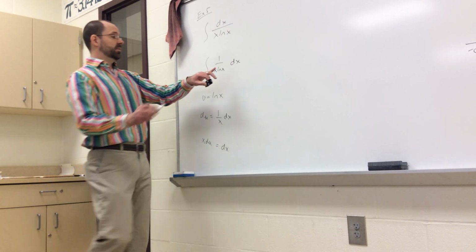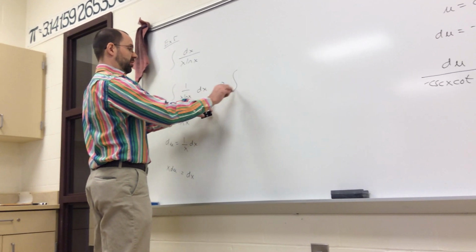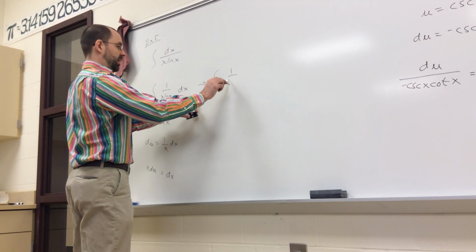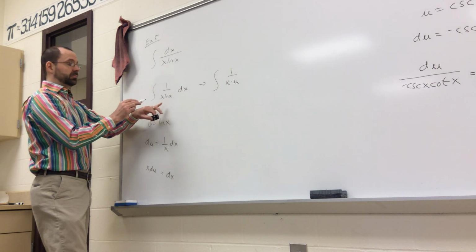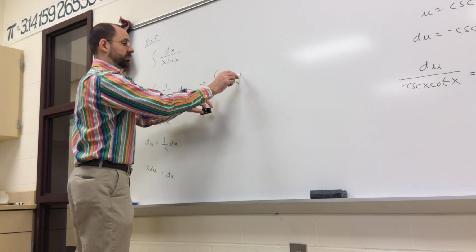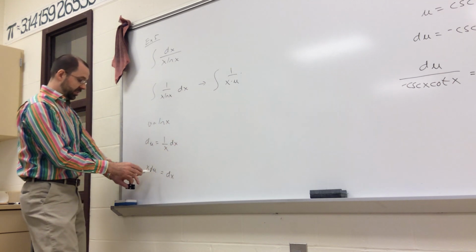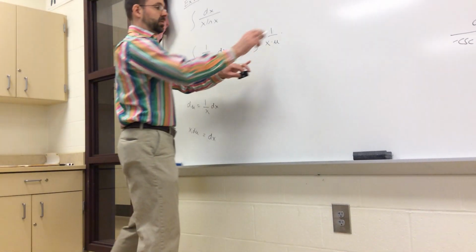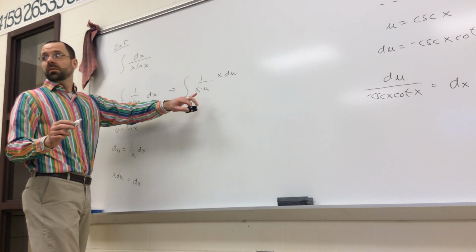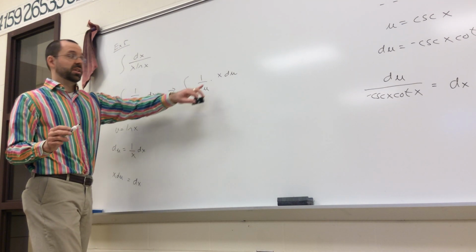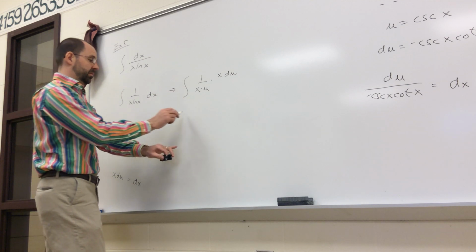So now translating, we have the integral of 1 over x times u, and then dx is x du. So that's nice because the x's cancel.